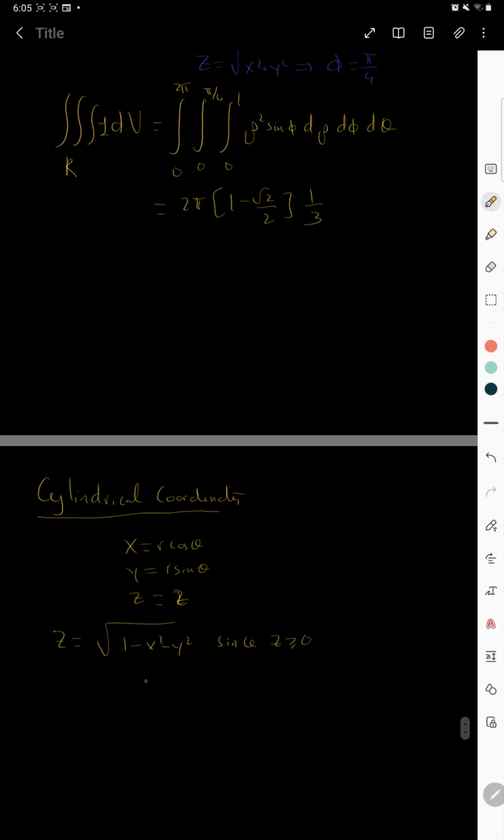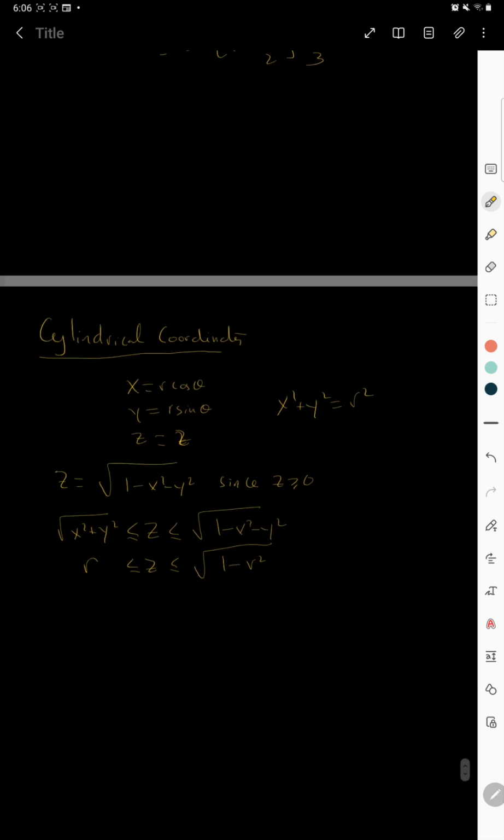And in fact, z will be less than or equal to the square root of 1 minus x squared minus y squared, and bigger than or equal to the square root of x squared plus y squared. So in terms of r, you know that x squared plus y squared is equal to r squared. And this is r. Great.